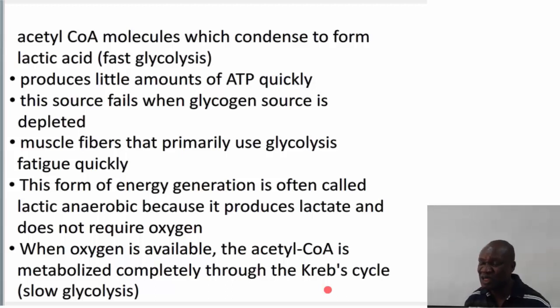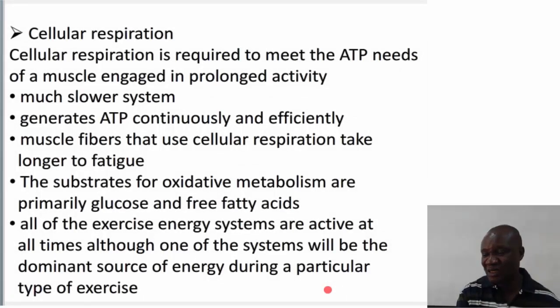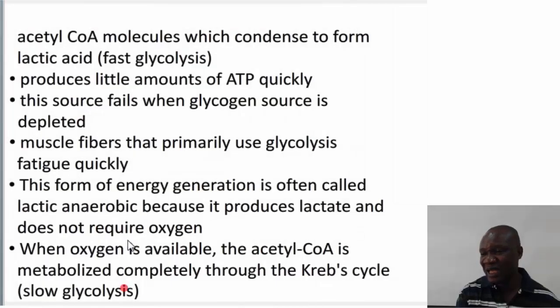Now this source of supply of energy would easily be depleted within a short time. The energy produced would be used up, but it's longer than that of the creatine phosphate. The energy lasts within minutes instead of seconds, like in the creatine phosphate.